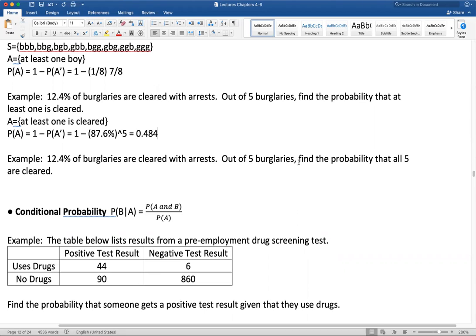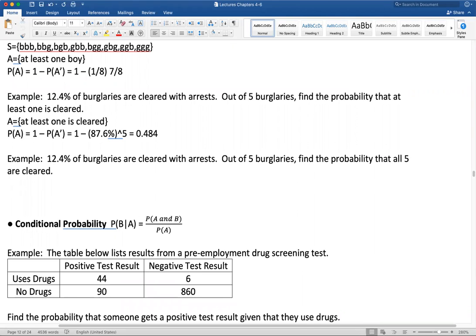Next example: 12.4% of burglaries are cleared with arrest. Out of 5 burglaries, find the probability that all 5 are cleared. I don't think you have to use the rule of complementary event in this example.